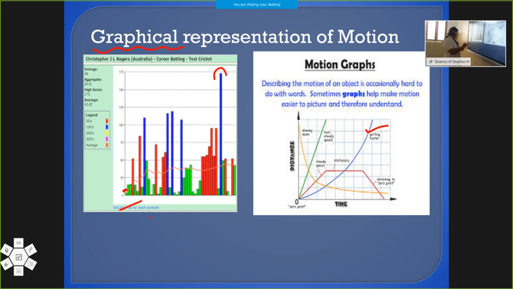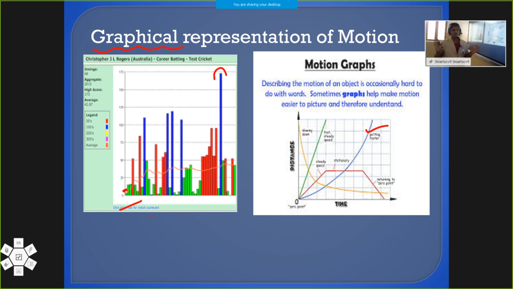In a graph, you know that three axes, x, y, z, or coordinates are used to represent. Here, for identifying the position of an object, we are dealing with one dimensional motion, straight line motion, linear motion.